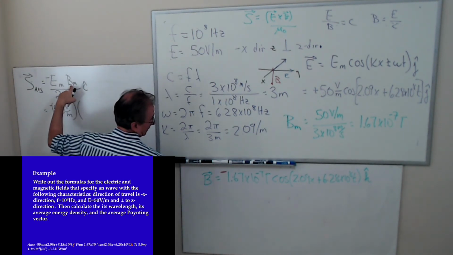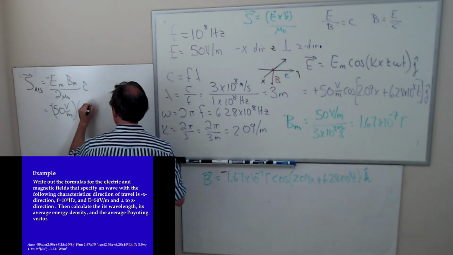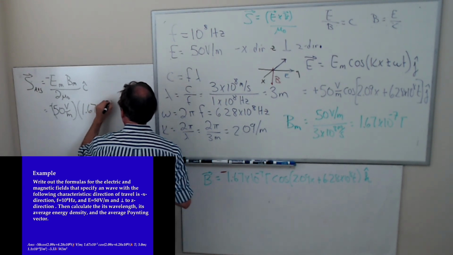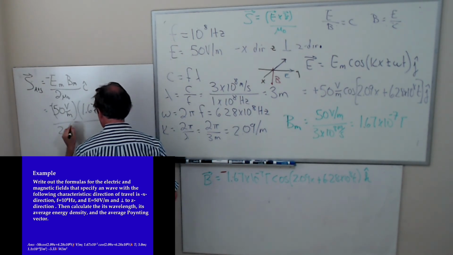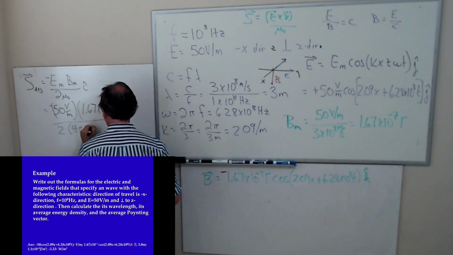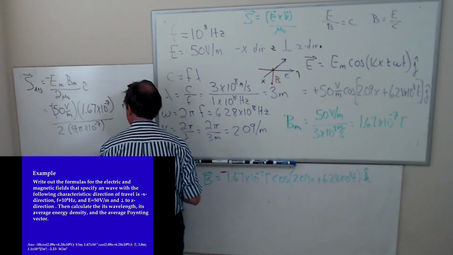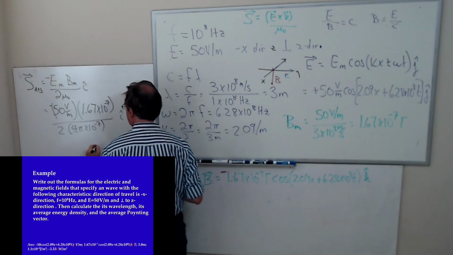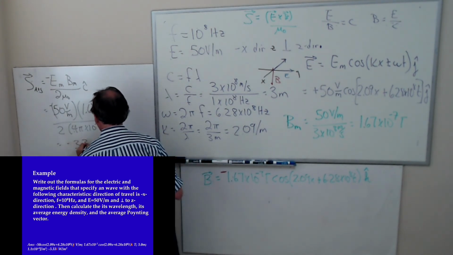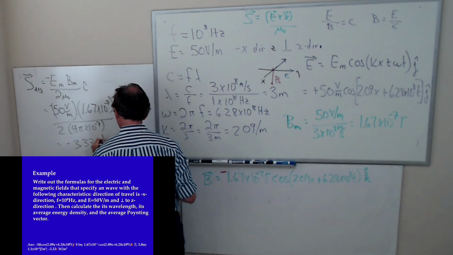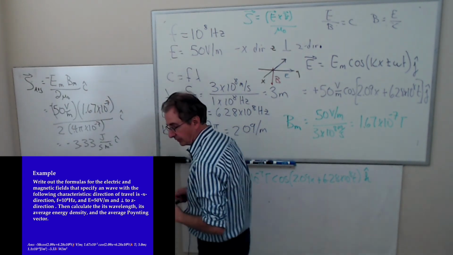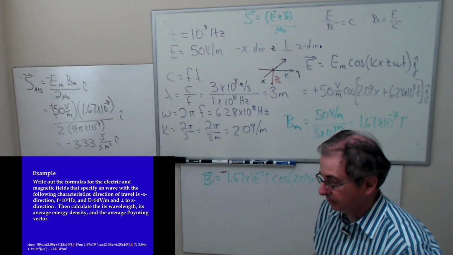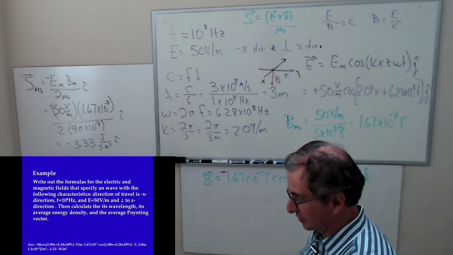B max is, mu naught is, I get that. Joule per second is a watt.